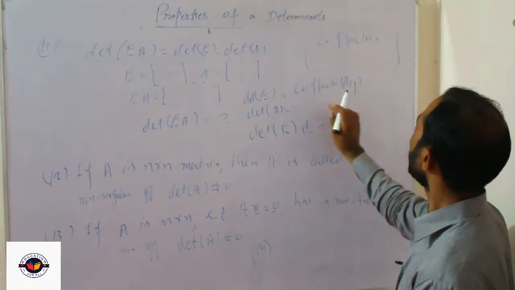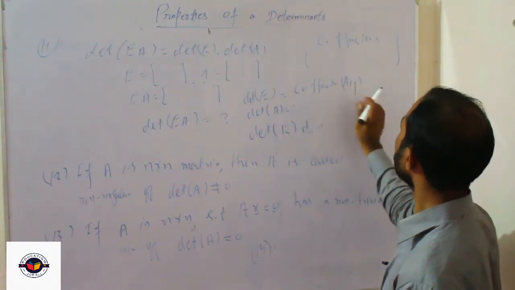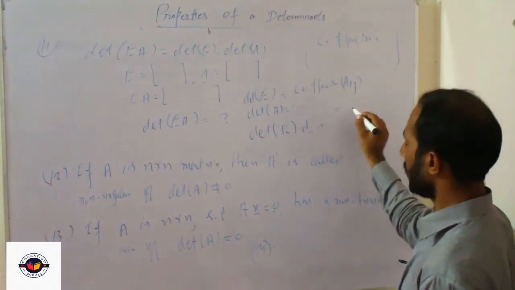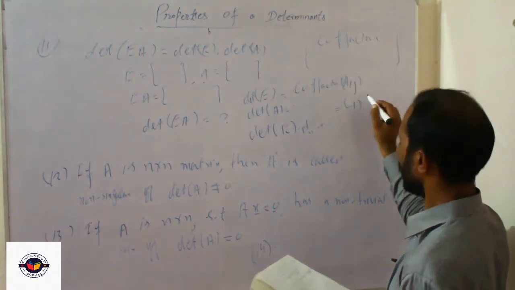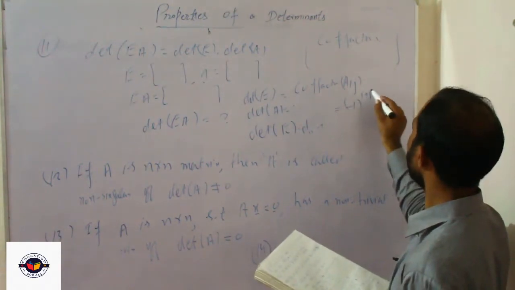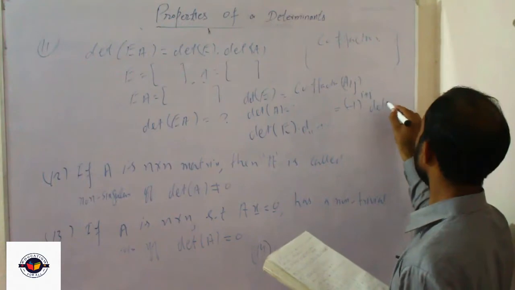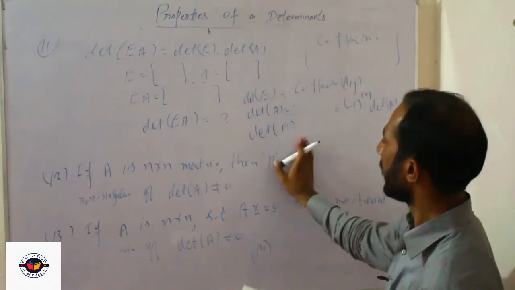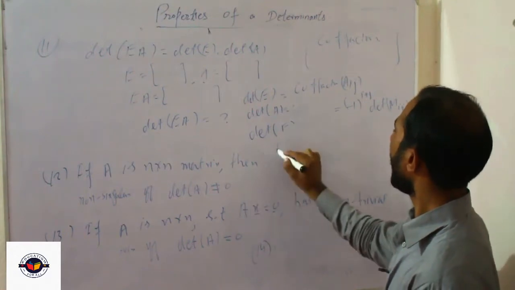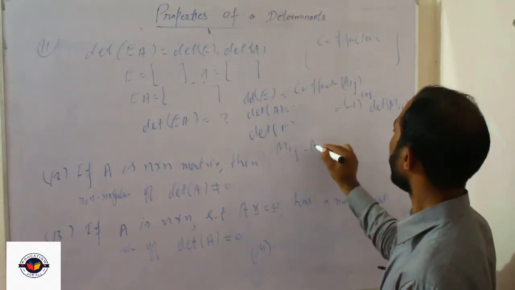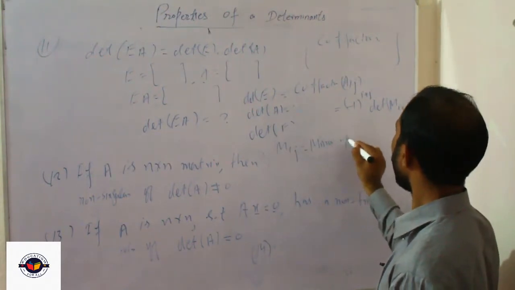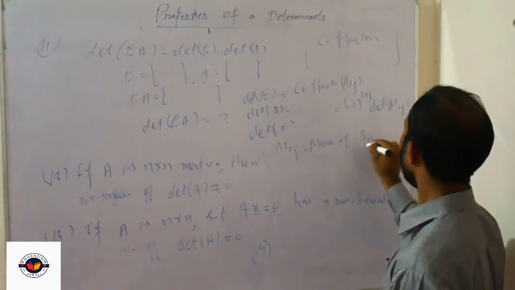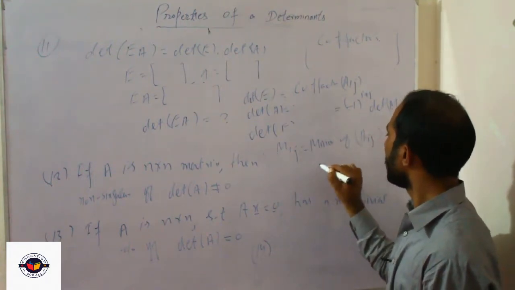So if we are to calculate the cofactor of this matrix, then by formula it is equal to -1 raised to the power i plus j, times the determinant of Mij. Now we explain what M is. M is actually the minor of the element ij.